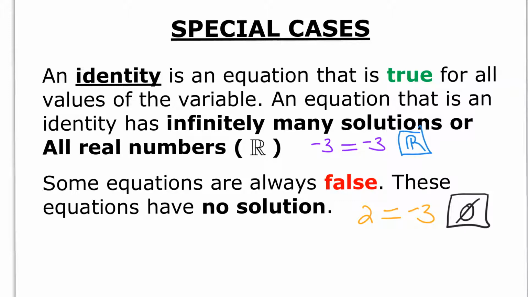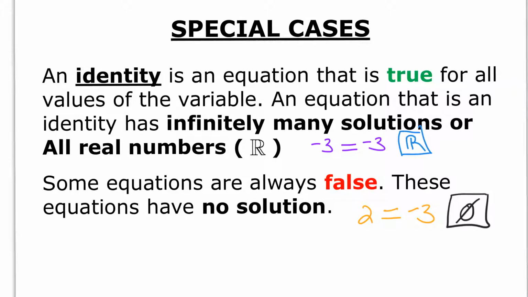When the statement is true, all real numbers, what that means is any number actually works for the variable. So any number that you can think of is the answer for that variable. And it might be an x, it might be a y, it might be a p. But any variable that you use, all real numbers means that every number is an answer. And those are the special cases that you need to be aware of.